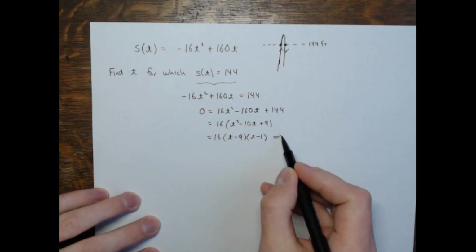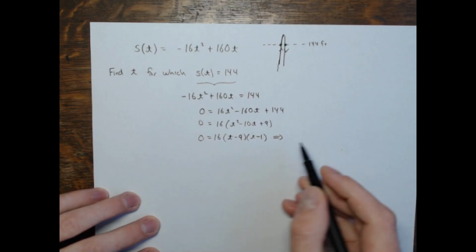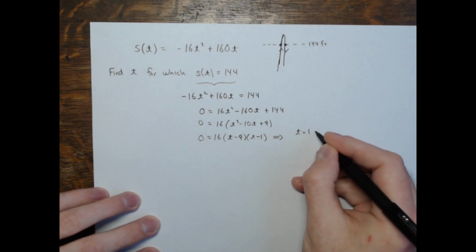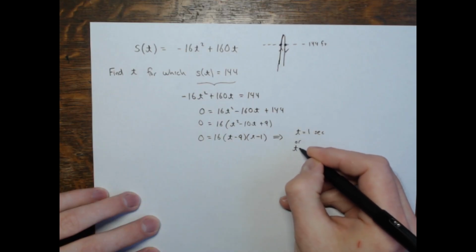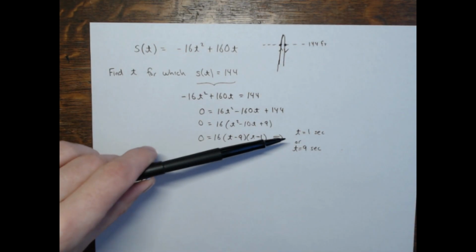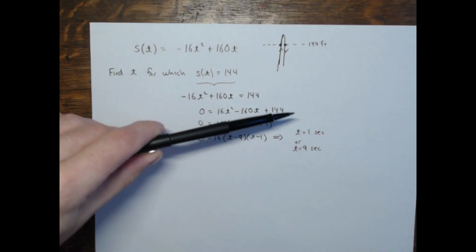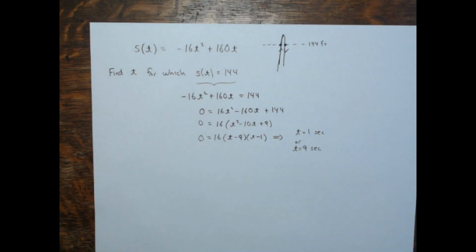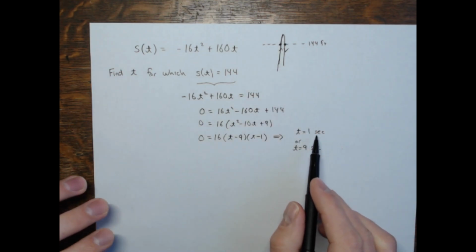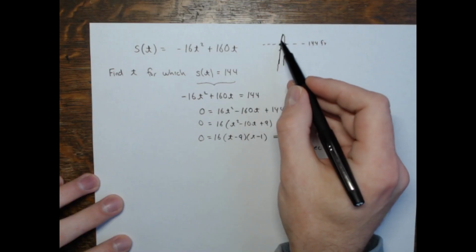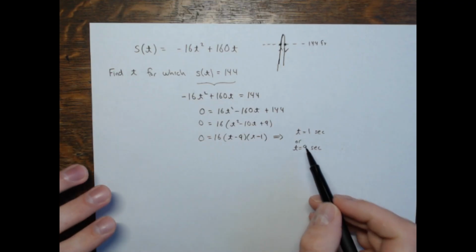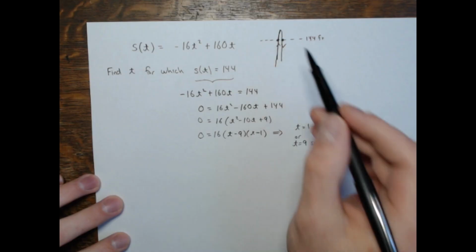So the solutions, setting this equal to 0, are 1 second or 9 seconds. Those are my answers to that question, right? This thing gets shot up in the air. After 1 second, it'll be 144 feet in the air, and then it goes higher and higher, and then 8 seconds later, at the 9-second mark, it's back at 144 feet while falling down.